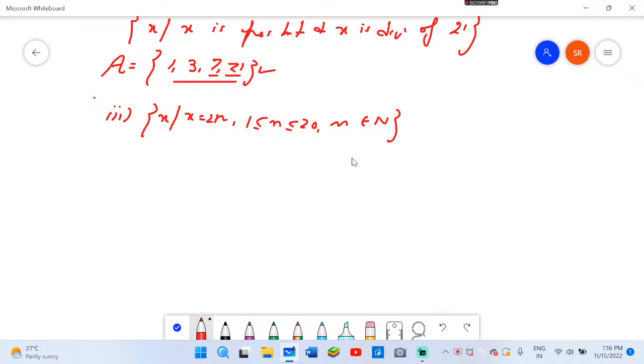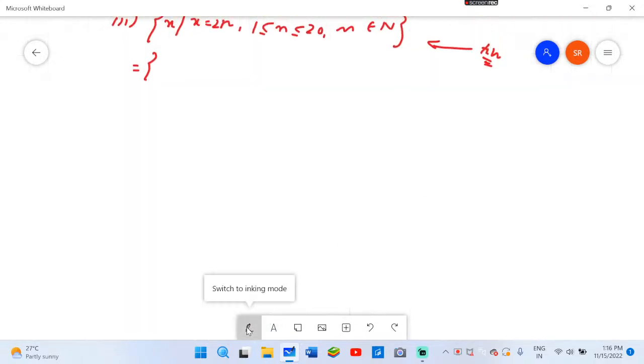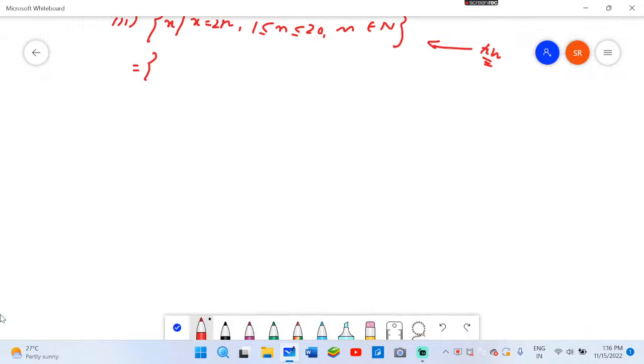Natural numbers 1 to 20. One sum I leave for you. This is homework. You can do it yourself. Okay, we'll see more examples.